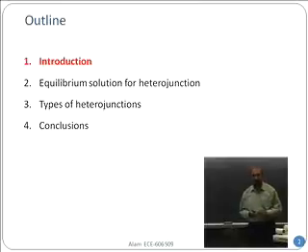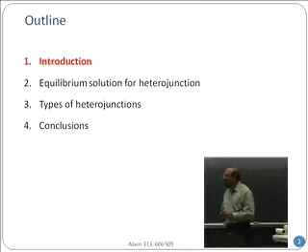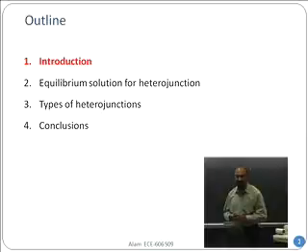We'll start with an introduction: what is this heterojunction bipolar transistor? You probably have some idea already. And then again, new device, start with equilibrium solution. Draw the band diagram first. Don't worry about how it works. Band diagram number one.